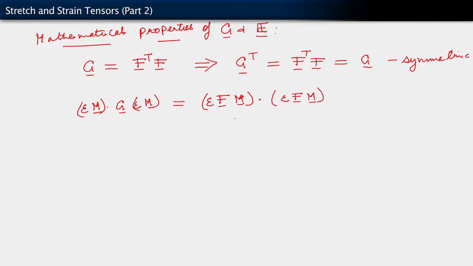But what do we know about the term on the very right? It is a square, right? Because it's the magnitude of a vector, right? It's the magnitude of a vector square. And therefore, this term is greater than or equal to 0, right?